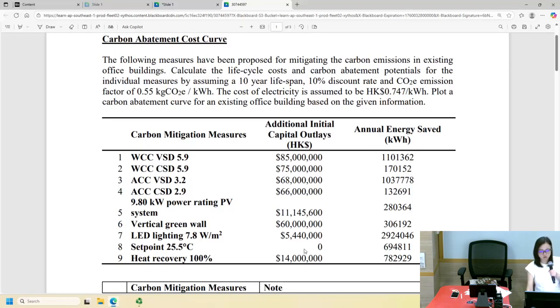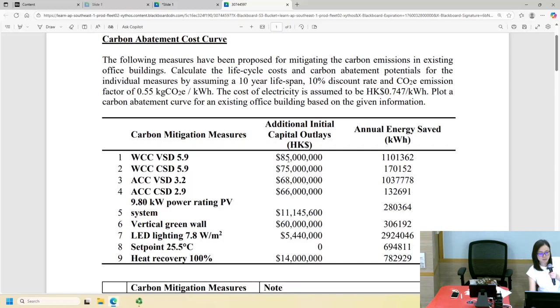And by utilizing these measures, you can save energy, reducing your energy consumption. So these are the carbon mitigation measures, and they can reduce the carbon emissions by saving energy consumption.